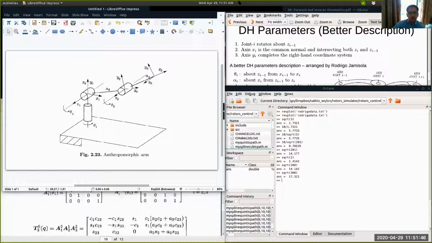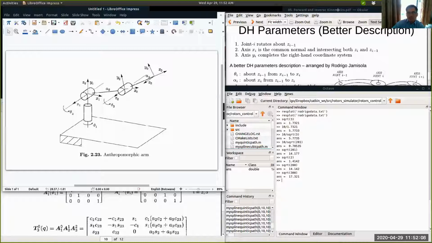Let me do the annotation. Where's annotation? Okay. So let's start by assigning, let me draw the z-axis. Oh, so it's here already. So let's just trace one more time and see if we can understand it correctly.